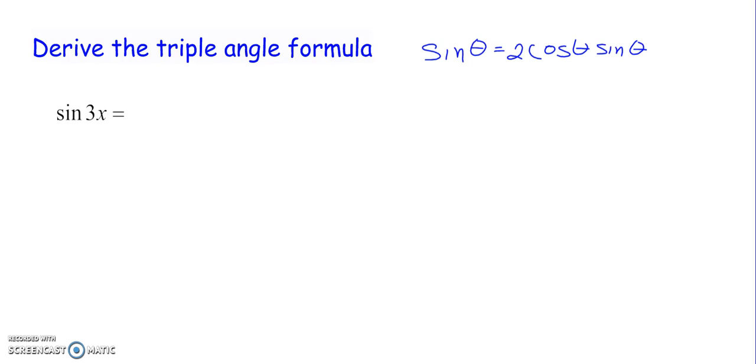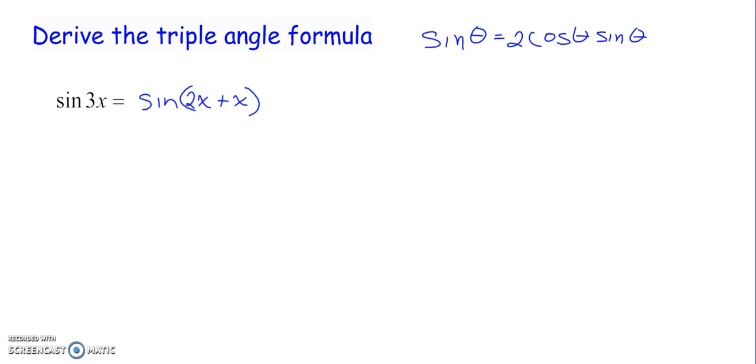Because what I'm thinking here, I see this as sine of 2x plus x. That's a similar way to write this. The other part to this problem is it also uses the sum of sines formula from the last section.